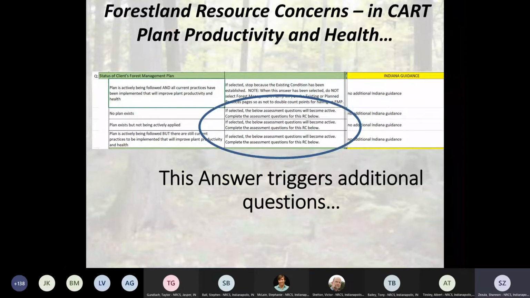We probably should not have even selected plant productivity and health in the first place. But we selected it, and this allows us to get through it. CART will say all's well, we'll move on to the next assessment. All the other 3, again, it's fairly self-explanatory, but all the next 3 do the exact same thing in CART, and they bring up additional questions about this resource concern.